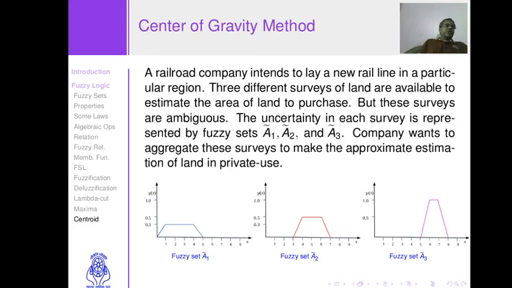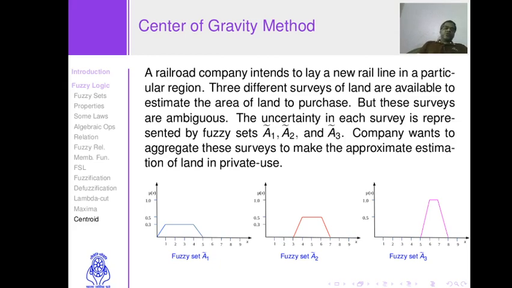If you want to lay a new railway line in a particular region, you have to estimate the land required for this purpose, and to perform this estimation you have to do field surveys. Field surveys are not easy to perform. A lot of manpower and expertise, and a lot of instruments are required for this purpose.